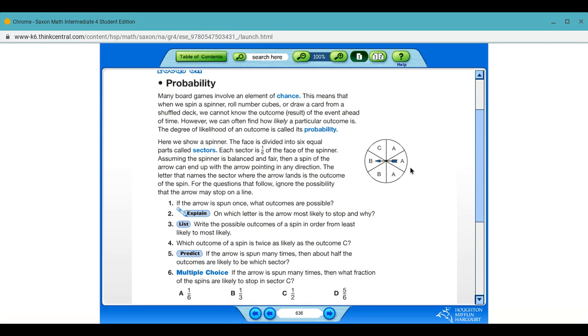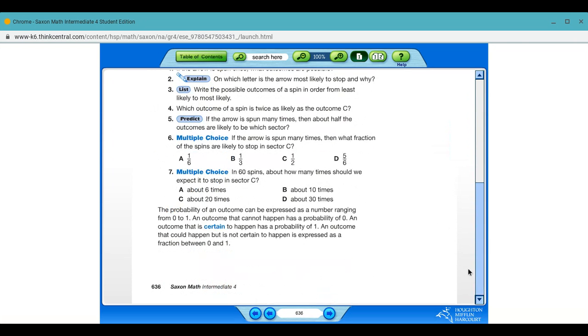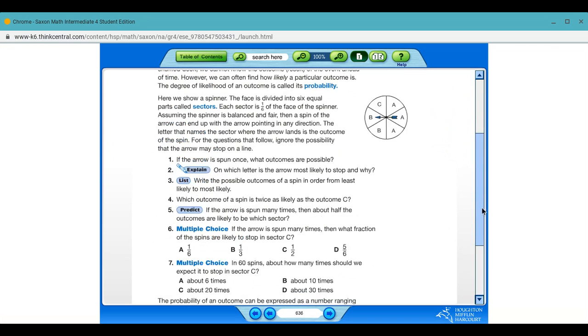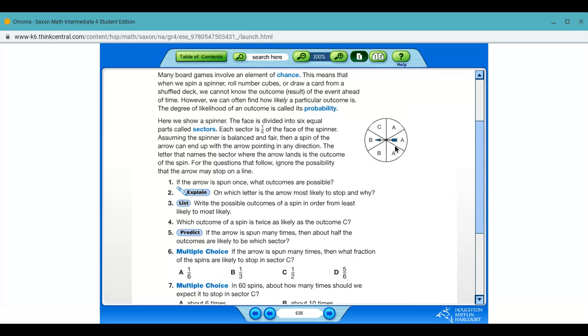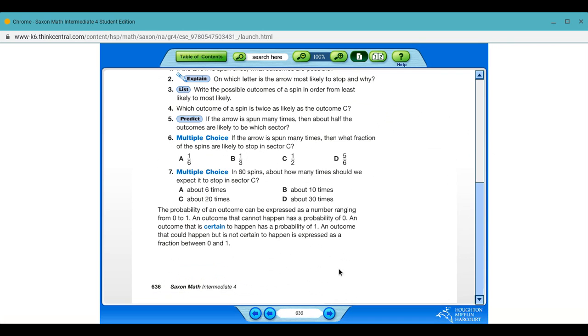So the spinner will land on a letter. That is a 1. An outcome that could happen but is not certain is expressed as a fraction. So the probability of the spinner landing on B would be 2/6, because there are 2 letter B's out of 6 total.